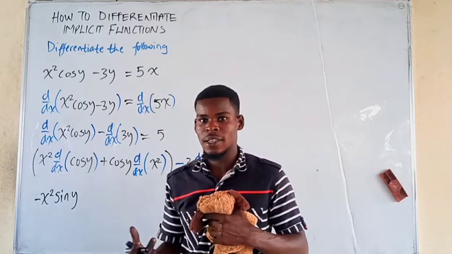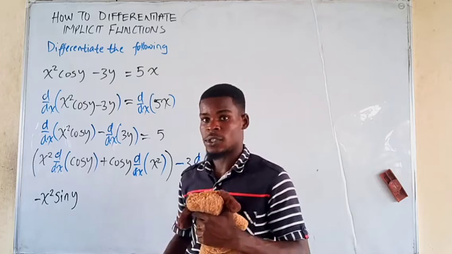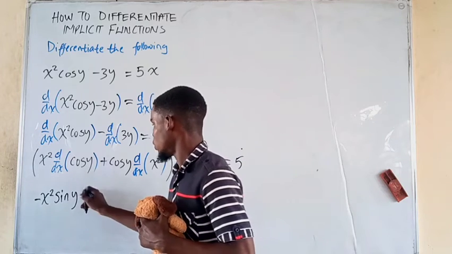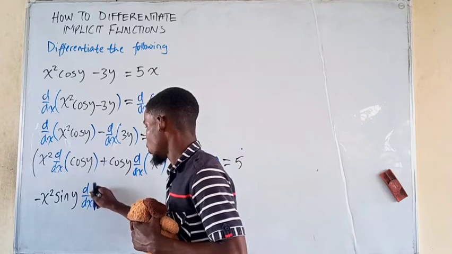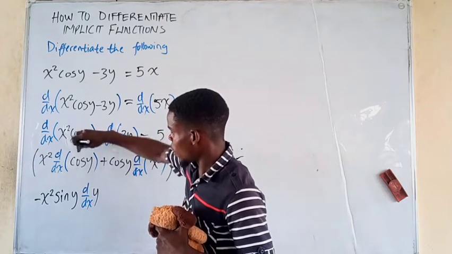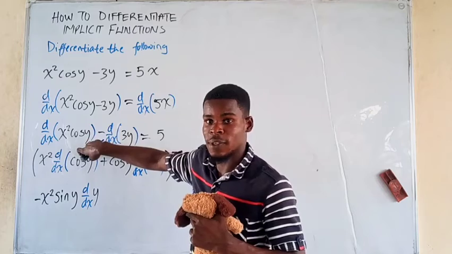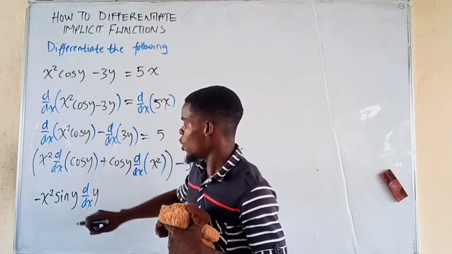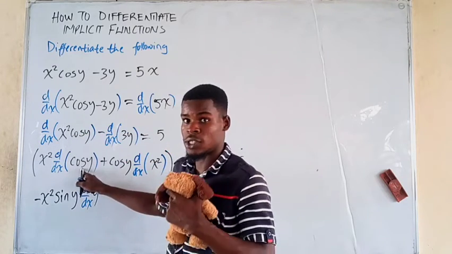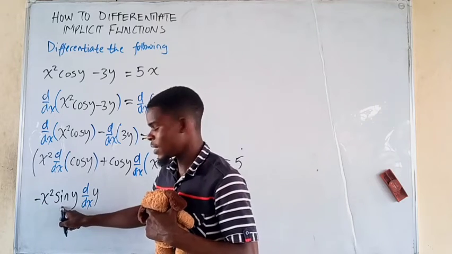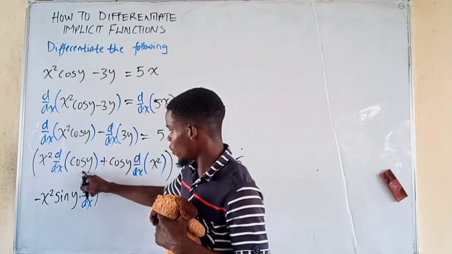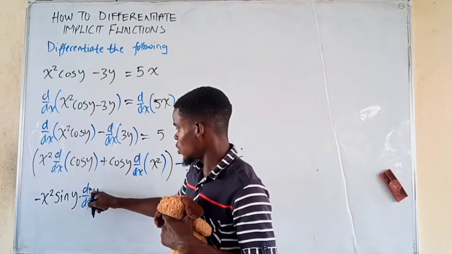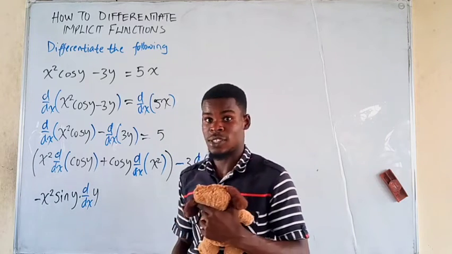And then we are not done yet. y here is a function of x, so we're going to put down the derivative with respect to x of y. When you differentiate a function of a function, since y is a function of x, you have to differentiate the outside function, which is the cosine, and that will give us minus sine of that thing. Then we multiply it with the derivative of the inside function, so the derivative of y with respect to x, which is just dy/dx.